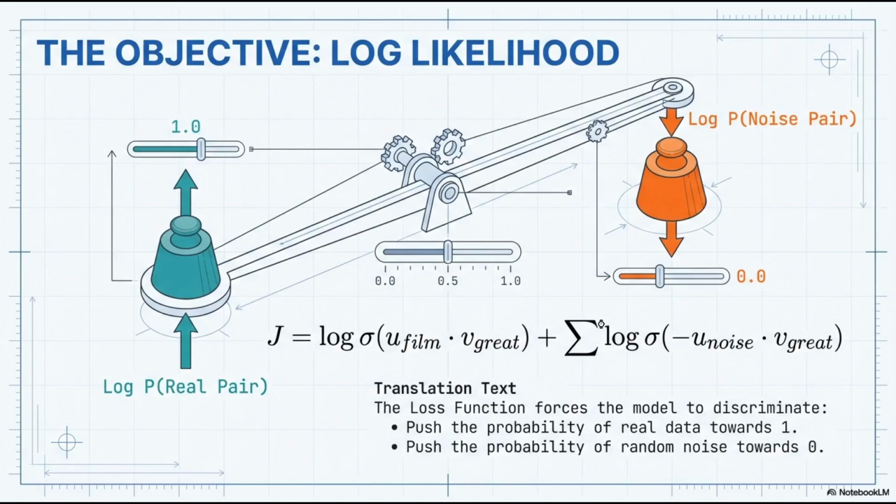We want these to be low. The training process is just adjusting the weights to maximize the score of the real pairs and minimize the score of the random pairs. So push the probability of real data to 1 and the random noise to 0.